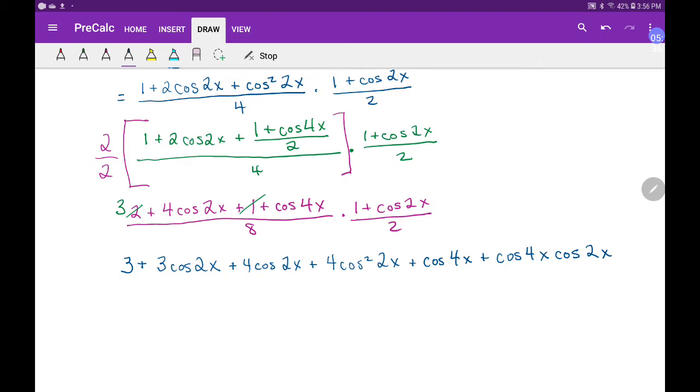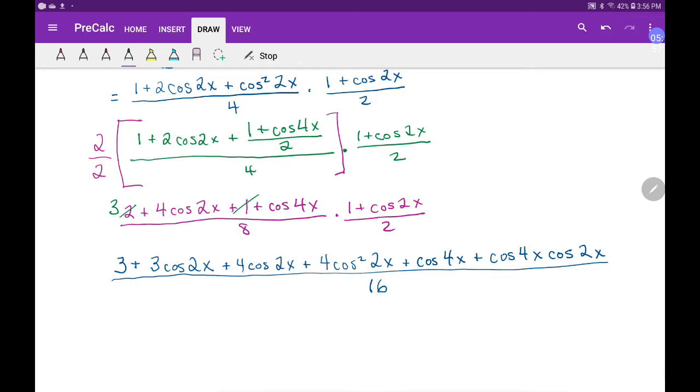Okay, so, all right, and this is all over 16, and I look for a little mercy here. Is there anything that's the same? And yes, there are some things that are the same, and I think I should put those together before I proceed.